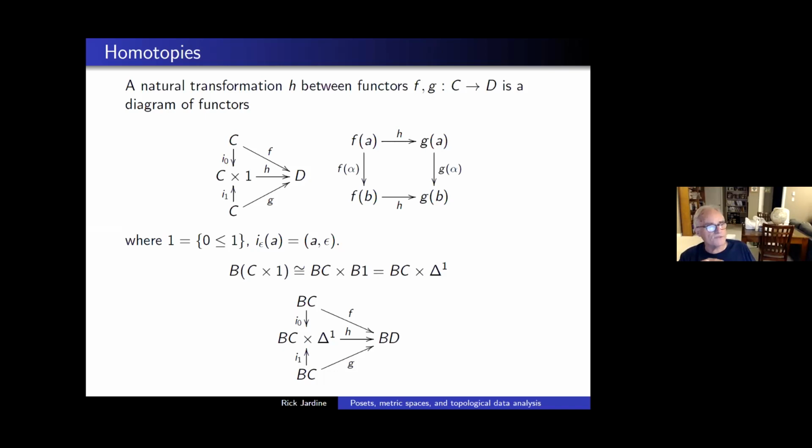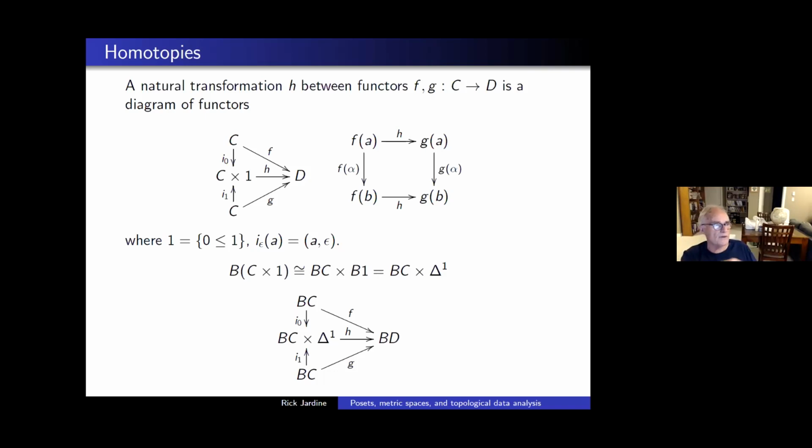Well, I think I learned this from Mac Lane's book way back when, that a natural transformation like that is the same thing as a picture like on the left in terms of functors. A natural transformation is a functor from C cross the ordinal number 1, two elements 0 and 1, with 0 less than or equal to 1, from C cross 1 to D. All right. That's what a natural transformation is.